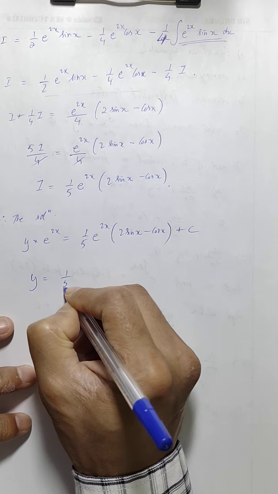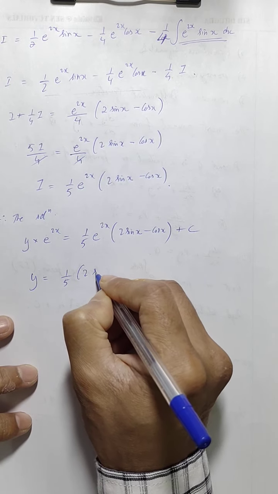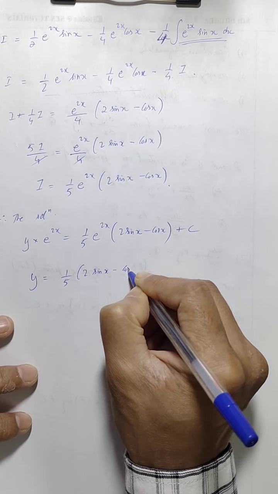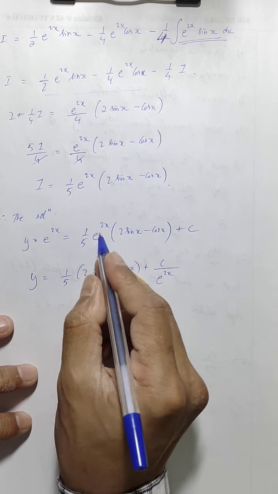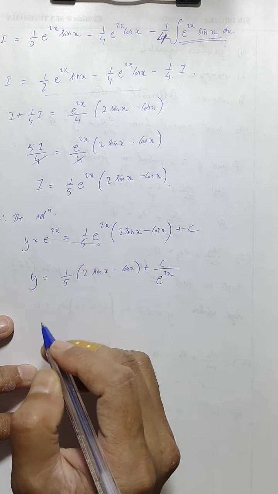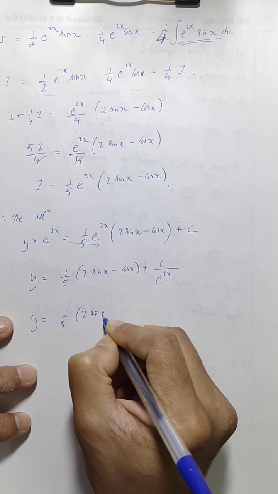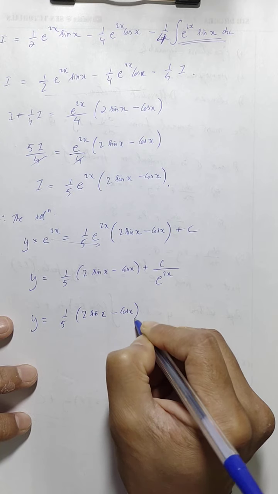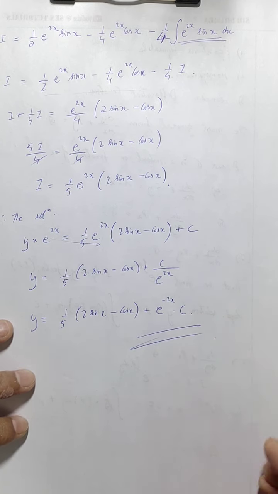That's y equals 1/5 e to the power 2x, cross multiply, that cancels, so that becomes (2 sin x minus cos x) plus c, over e to the power 2x. So y equals 1/5 (2 sin x minus cos x) plus e to the power minus 2x into c.